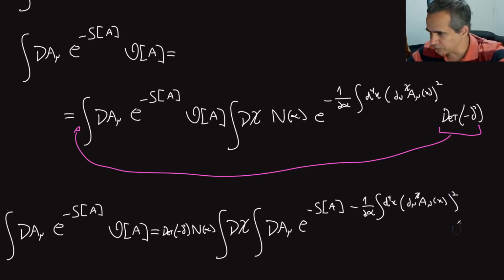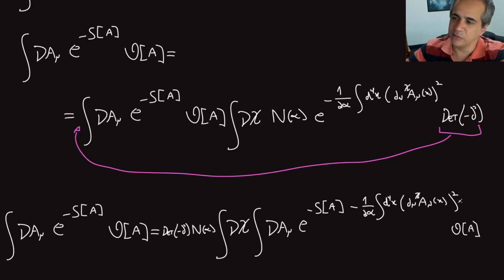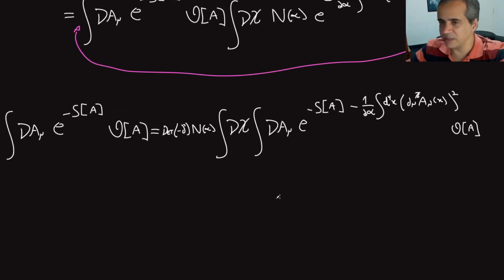And the operator, of course, the observable, is still here. So now I'm calculating the observable with this new action. You see that the effect of putting the determinant ends up being just a gauge fixing term in the action.